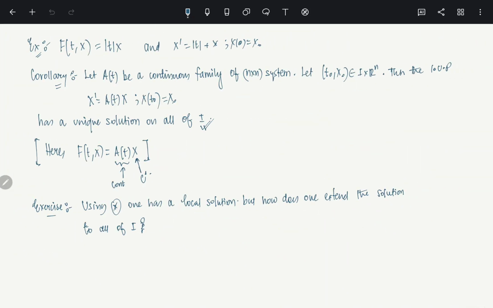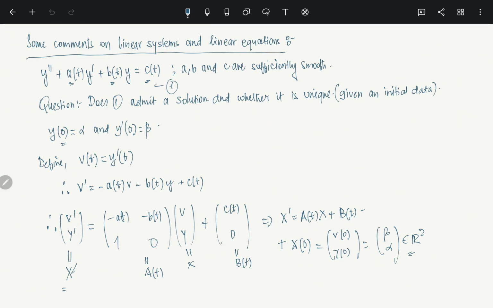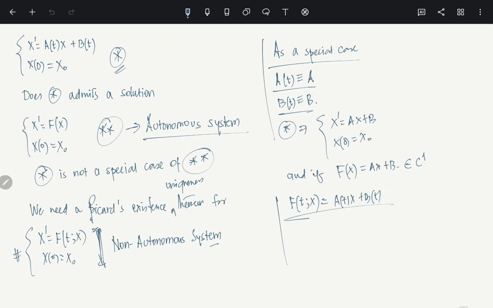So this is an exercise. If you can do that, then we have already seen that any problem like 1 can be written as a system, which is a non-autonomous system. So if we can show that this star non-autonomous system has a unique solution everywhere for all t, so basically wherever a and b are continuous, then you have a global unique solution.